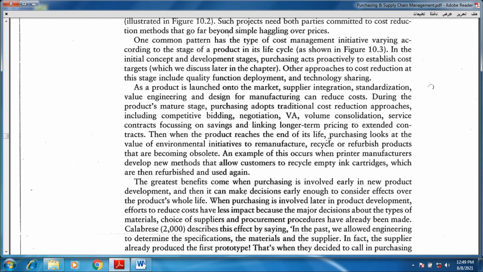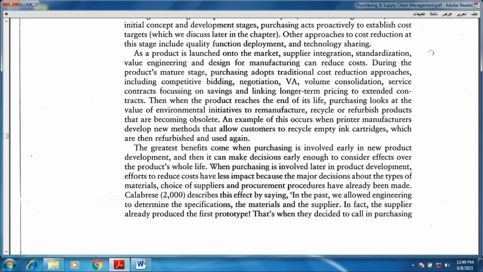During the life of the operation of the organization, purchasing looks all the time to create value for the organization from what happens in the environment. So keep an eye on the environment, on the market, on the suppliers and the competitors. This is also a very important role for cost reduction. So customers finally will be satisfied, receiving all the benefits that the purchasing department creates for the organization.